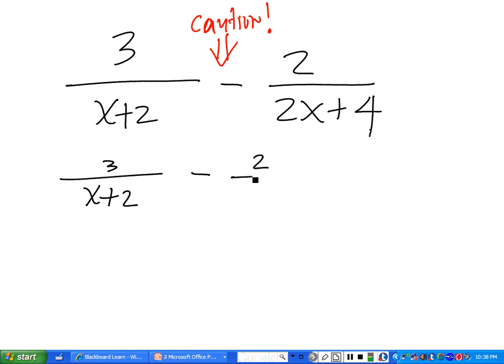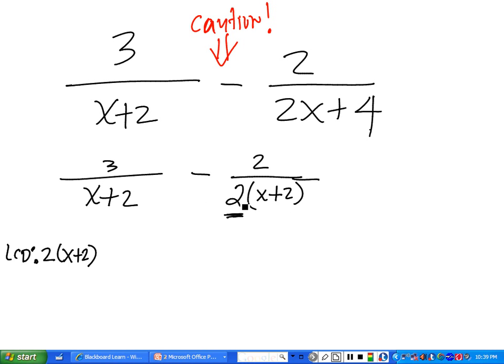The GCF is 2, so take a 2 out, and we have x plus 2. So what is the LCD? It can't just be x plus 2, because there's a 2 showing up over here. The LCD is 2 times x plus 2. That's how we're going to get both of them to look alike.